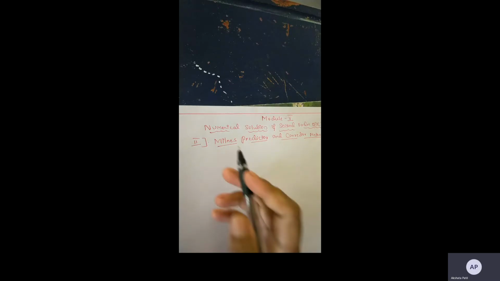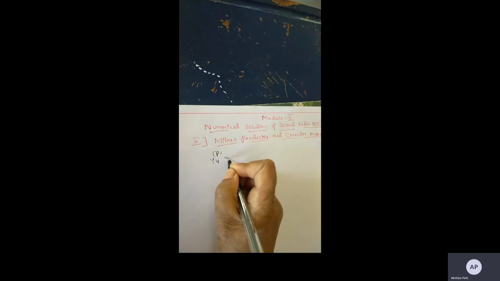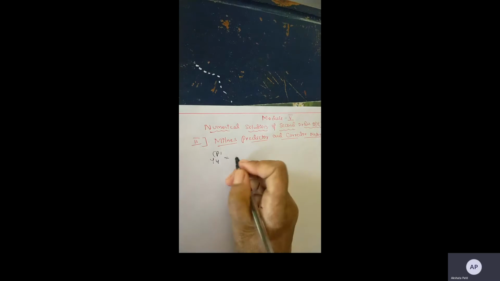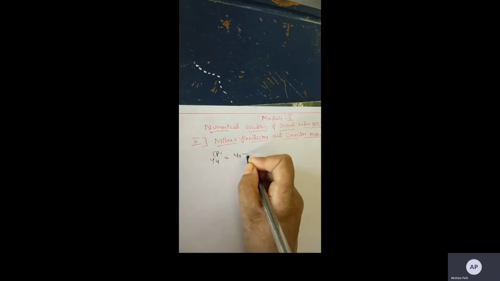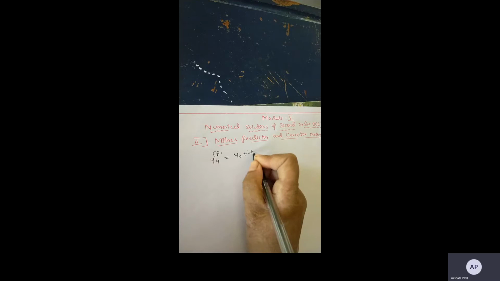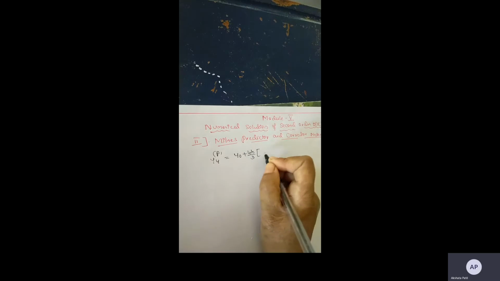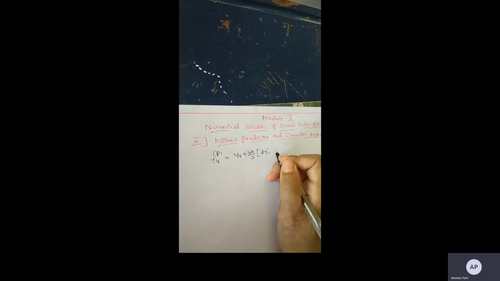Milne's predictor formula is y4 of predictor equals y0 plus 4h divided by 3 into 2y1 dash minus y2 dash plus 2y3 dash.